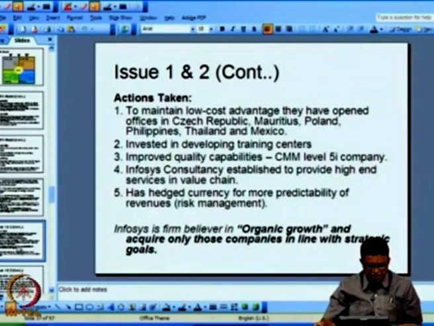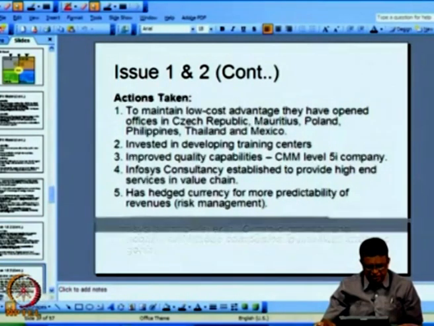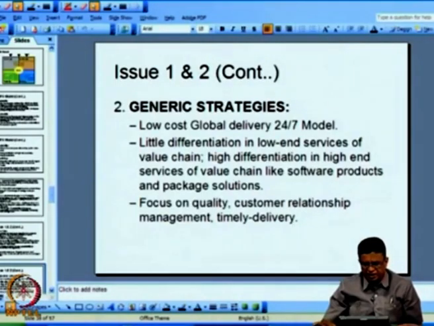So, in other words, the company is really taking care to see that it is not outwitted in this marketplace.